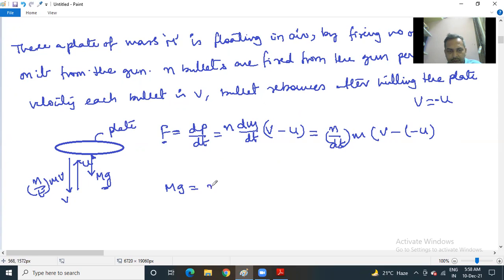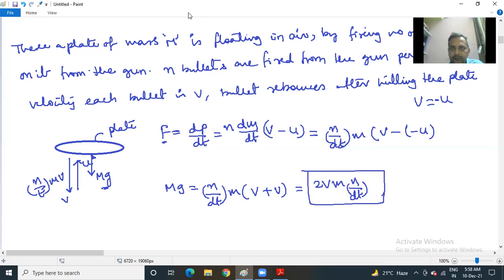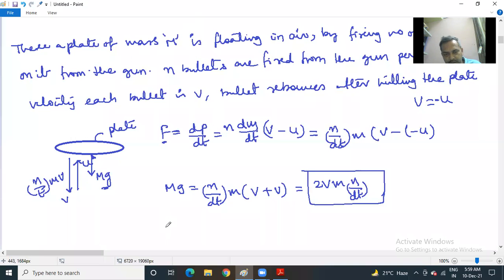Then n by dt with m into v plus u. If you consider the magnitude of v is equal to u, then you'll get 2v into m n by dt. So there will also be numerical on this step. So in particular, this step: mg is equal to 2v into m n by dt.